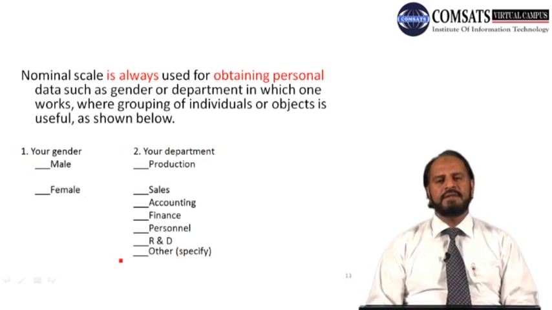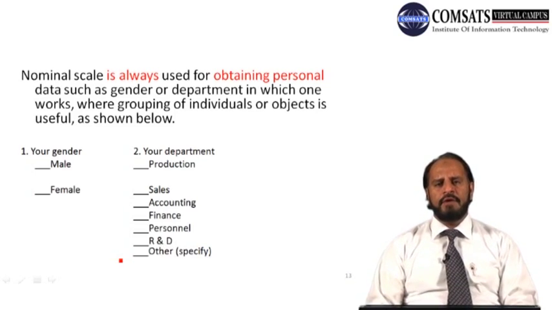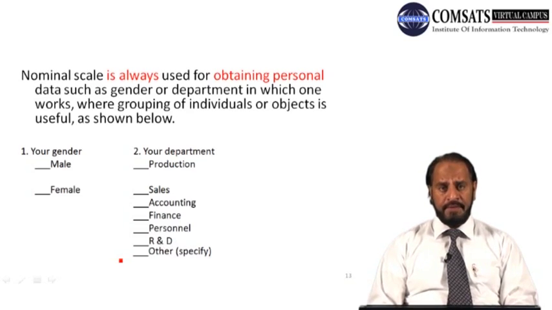Generally, nominal scales are used to get information of a personal nature, such as your age, your salary, your gender, the department you're working for, the organizations you have worked for before, and how many organizations you have worked for. So when you have personal information, the scale you use is of a nominal kind.